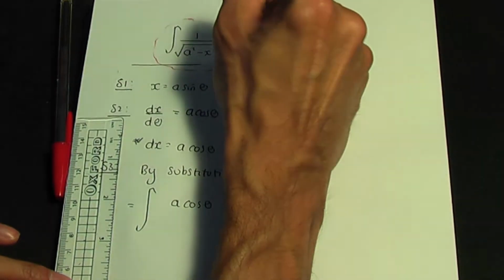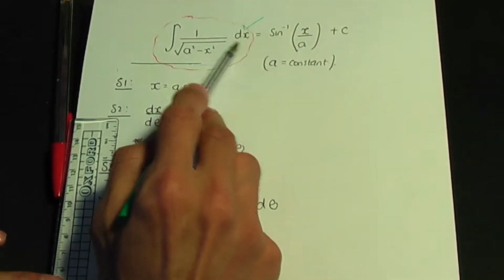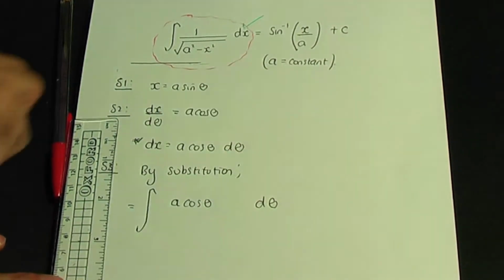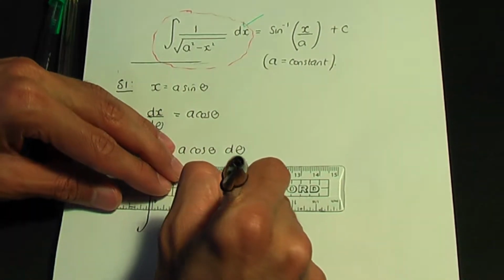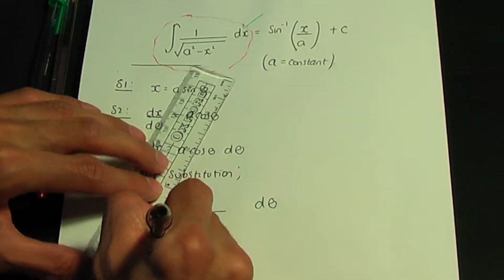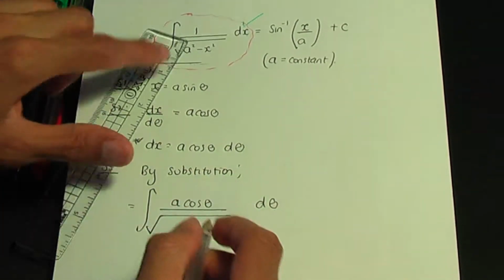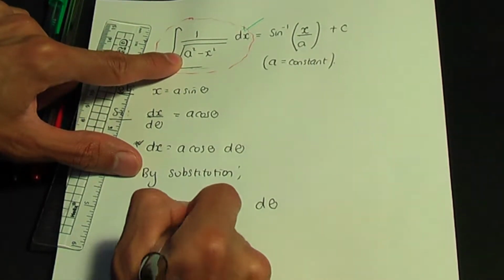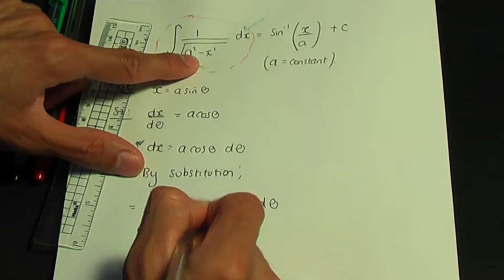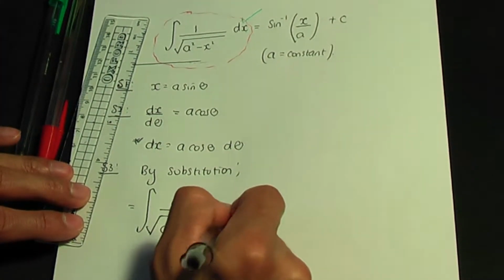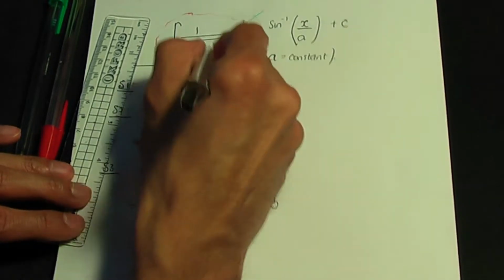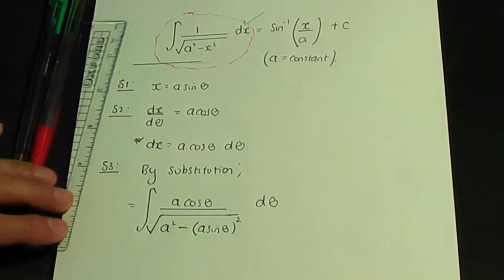And let's tick that term, meaning that we've replaced that term. Over the root of a squared minus, and x over here, we'll replace that by a sine theta. Don't forget to square.